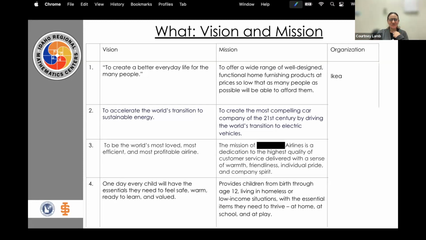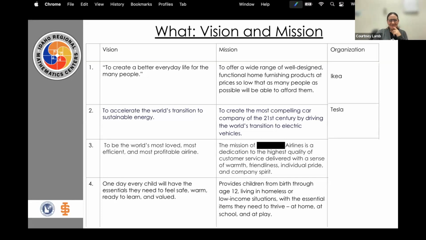Looking at number 2, vision: to accelerate the world's transition to sustainable energy, and mission: to create the most compelling car company of the 21st century by driving the world's transition to electric vehicles. Tesla? Is that the electric car people? Any other guesses? Well, you're right. Yeah, it's Tesla.